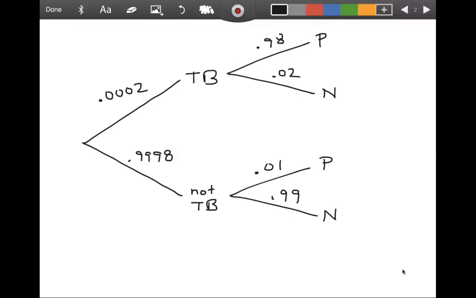All right. So now we can think of there being 4 different outcomes. Number 1, the person has TB and they test positive. Number 2, the person has TB and they test negative. Actually, let me use better notation there.